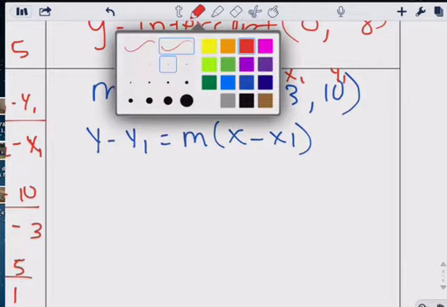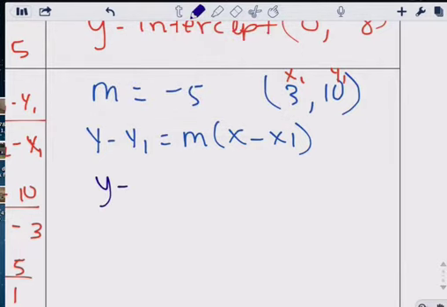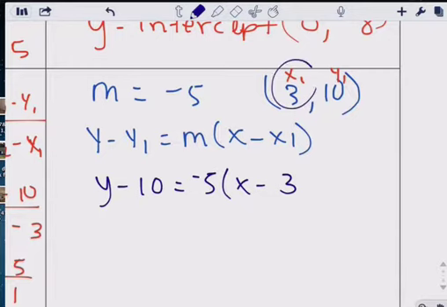Substitute it in. Y minus y1, which is 10, equals negative 5 times x minus x1, which is 3. Okay, that's where we're getting all the numbers from here and here. You're substituting it in.